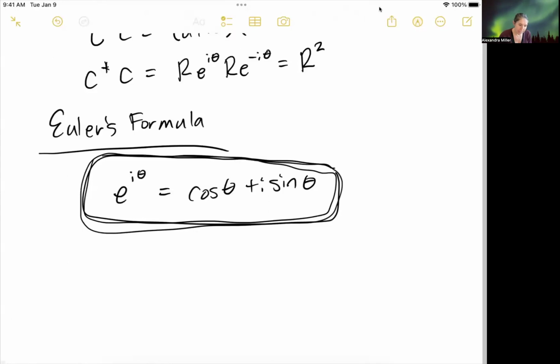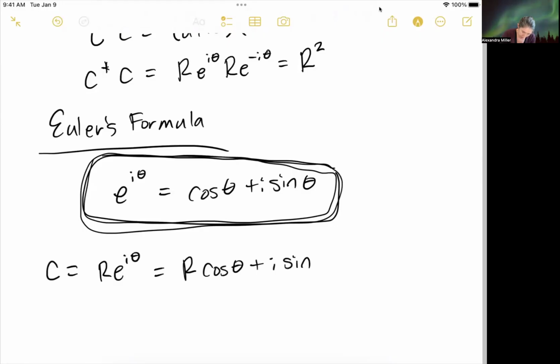So right away, as I said, we can use this formula to relate our polar form of complex numbers to our other form. If our complex number is r e to the i theta, then now we can use Euler's formula to say this is r cosine theta plus i r sine theta.